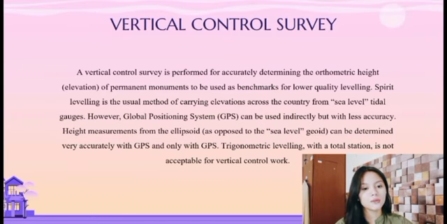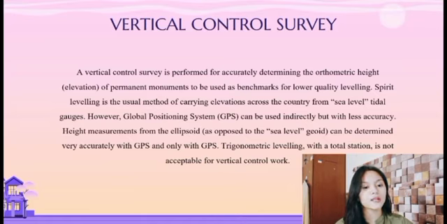However, the global positioning system, GPS, can be used indirectly but with less accuracy. Height measurement from the ellipsoid, as opposed to sea level, can be determined very accurately with GPS and only with GPS.